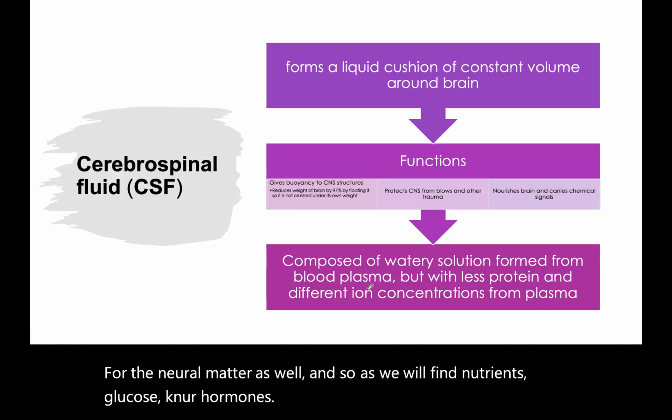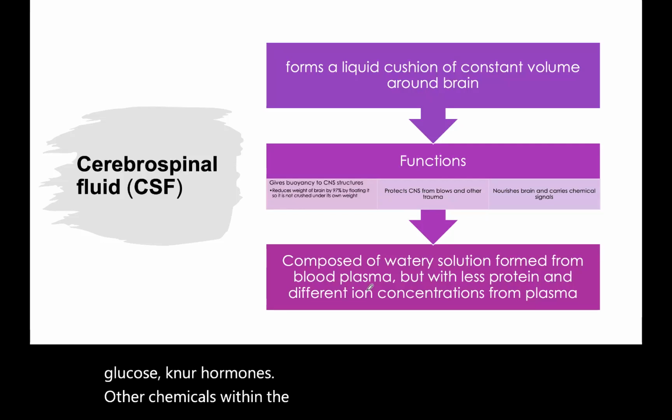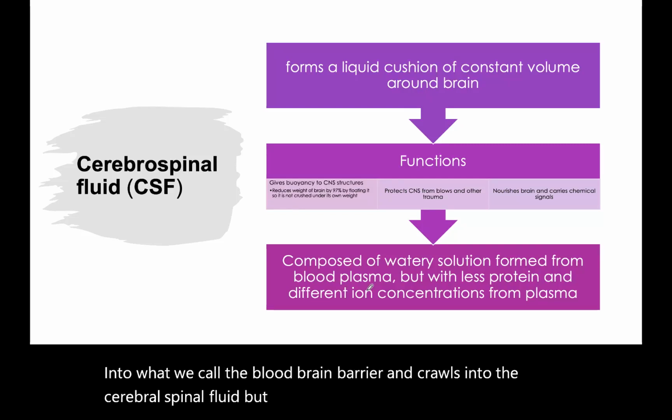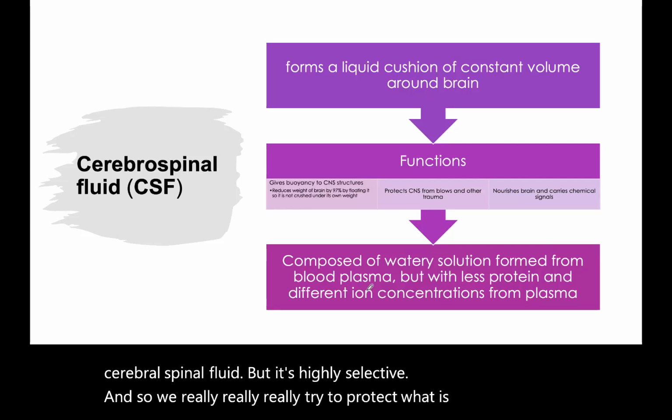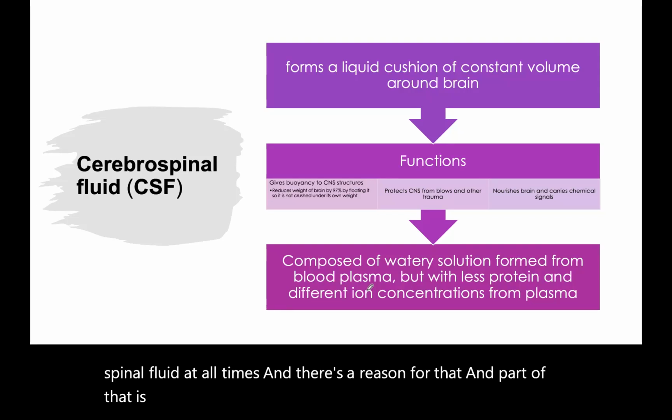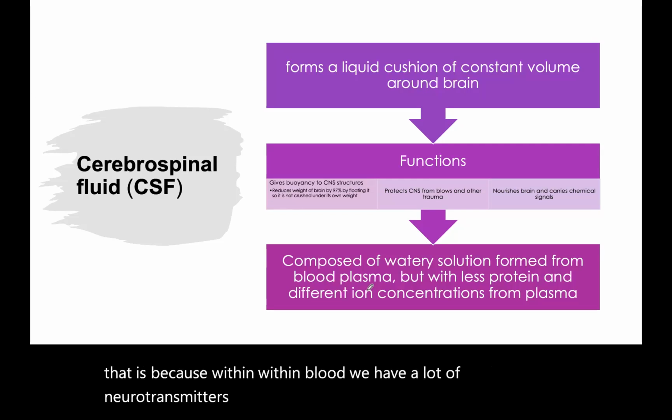other chemicals within the body have the ability to cross what we call the blood-brain barrier and cross into the cerebral spinal fluid, but it's highly selective. And so we really, really try to protect what is in that cerebral spinal fluid at all times. And there's a reason for that. Part of that is because within blood, we have a lot of neurotransmitters that get released.